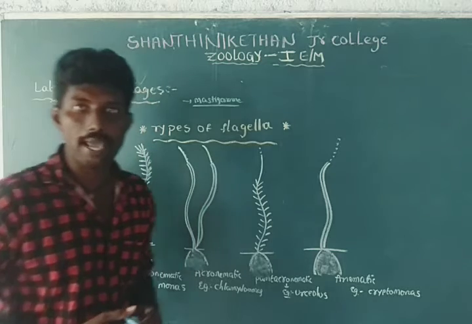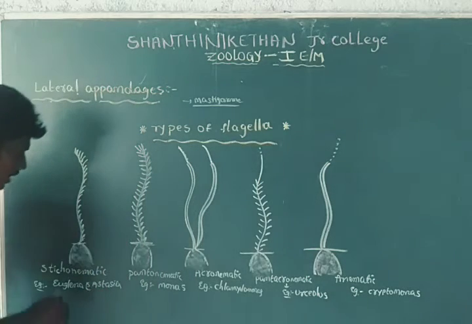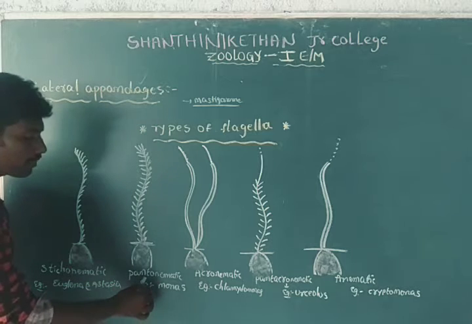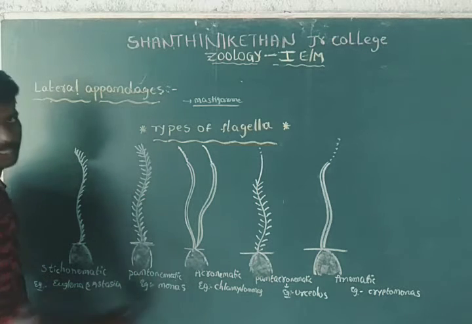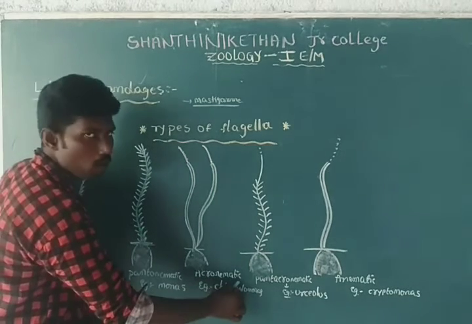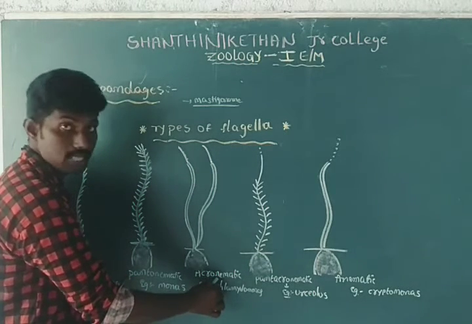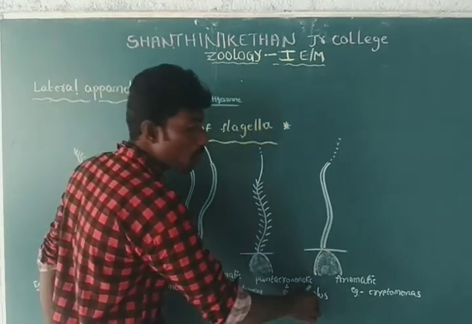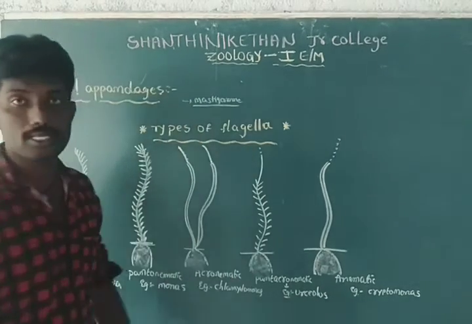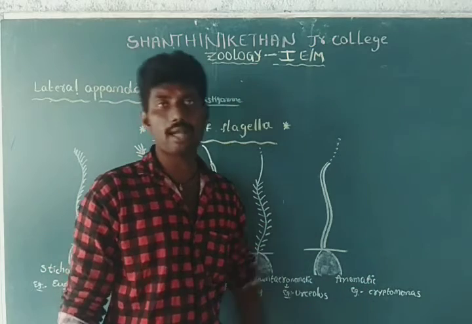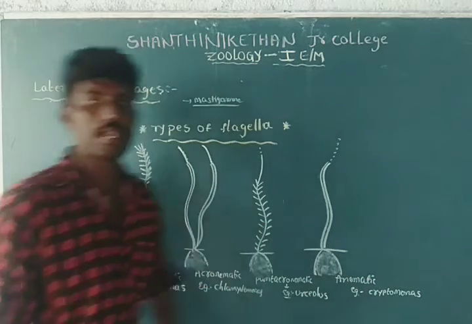The first one is stichonematic, the second is pantonematic, the third is acronematic, the fourth is pantacronematic, and the fifth is enematic.